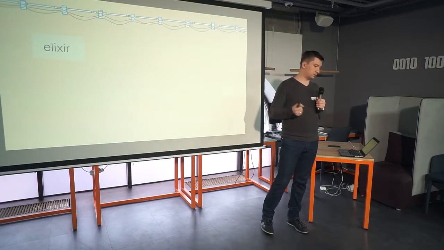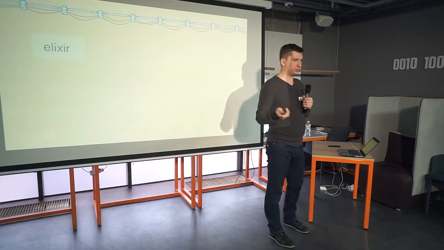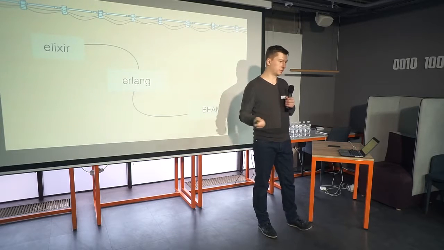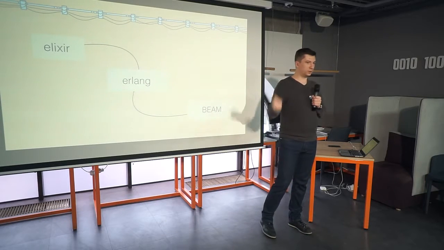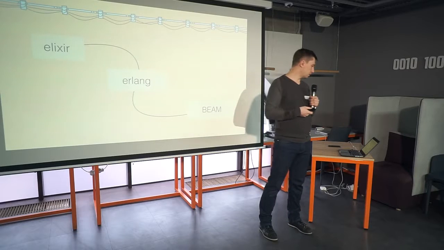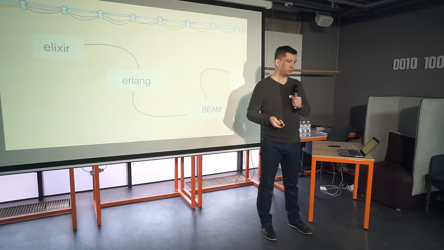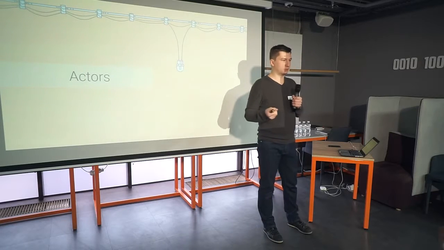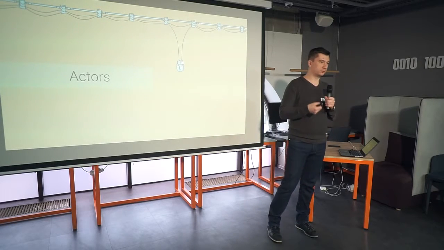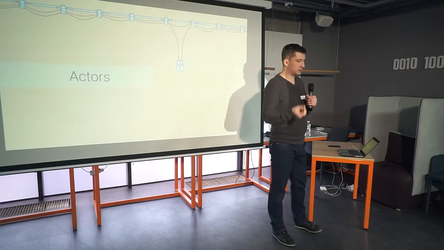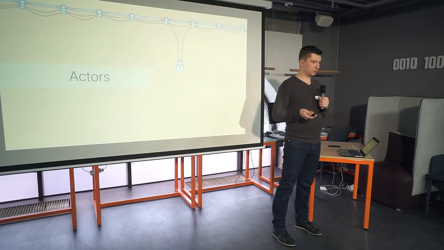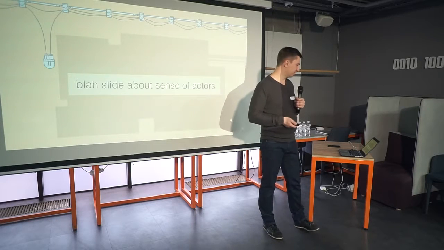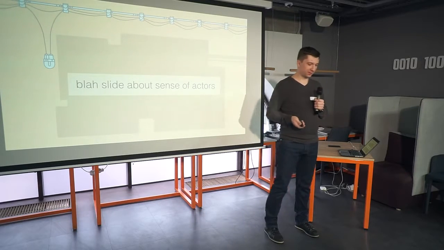When we talk about Elixir, first of all, we talk about Erlang, and when we talk about Erlang, we talk about BEAM. And when we say BEAM, we mean actors, actually. It's a concept. It's not about a language or some implementation. It's a concept where you know what it means, right? Why should I explain what actors mean?